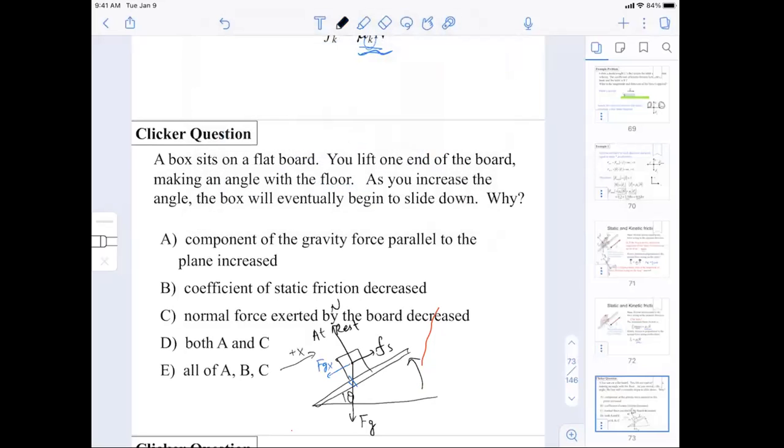So what is F of Gx? F of Gx is the X component of gravity, which is the weight, mg, times, again, I'm gonna ask this over and over again, cosine theta or sine theta?